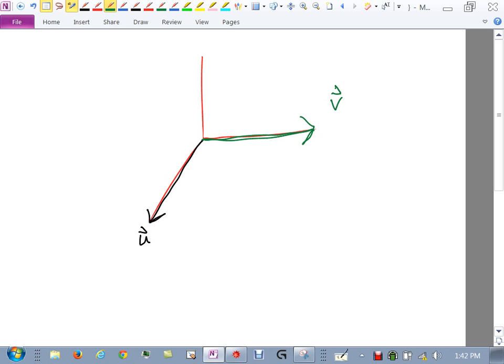Right-hand rule is the same for cross products. If I cross U and V, the vector that comes out perpendicular to both should come out in the direction of your thumb as you go from U towards V.